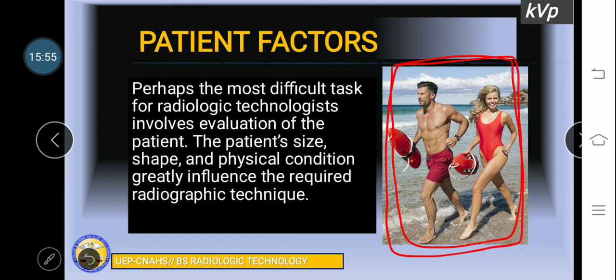Kasi what I'm trying to say is if that person wala namang nararamdaman na masama sa katawan, that person will not be subject for medical procedures, 'di ba? Kung talagang feeling natin healthy tayo, hindi tayo magpapa-hospital. Kaya do not expect that most of our clients ganito yung body type or condition. Once in a blue moon lang yan sa radiography na meron kayong ganyan.